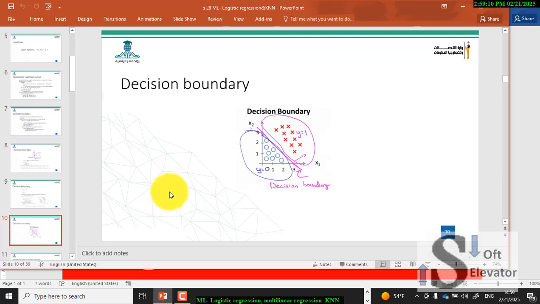This line separates the red crosses from the blue circles, like a classification. Above the line, y equals 1, true, and below the boundary line or curve, y equals 0, false. This happens when x1 is greater than the threshold.